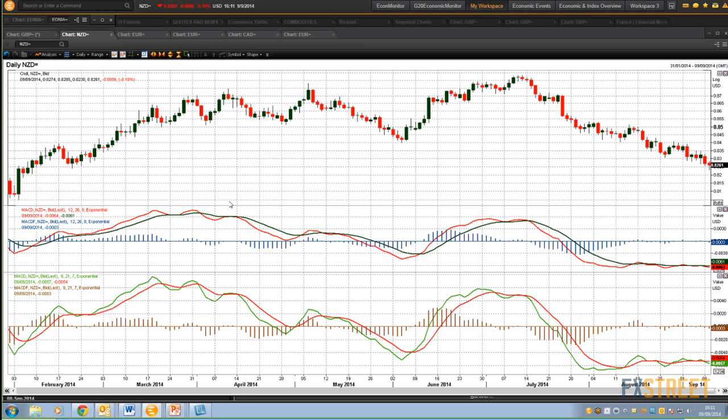I've given here an example of using 9 and 21 instead of 12 and 26, the classic uses. I've changed that to 9 and 21, which is shorter, and also a 7-day exponential moving average instead of a 9-day exponential moving average as your signal line.